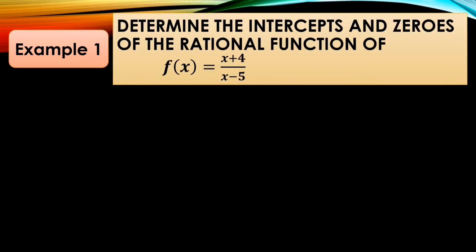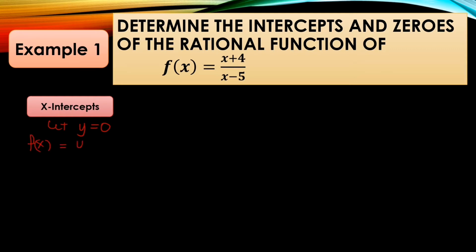Example number 1. Determine the intercepts and zeros of the rational function f of x is equal to x plus 4 over x minus 5. First, identify the x-intercepts. Let y is equal to 0. And also, your f of x will become y. So, y is equal to x plus 4 over x minus 5.